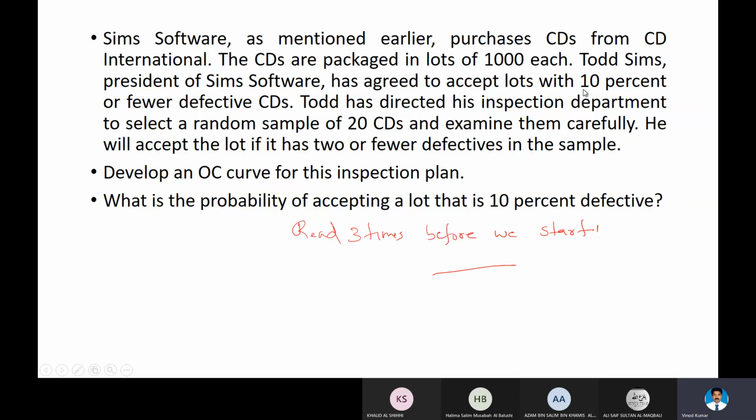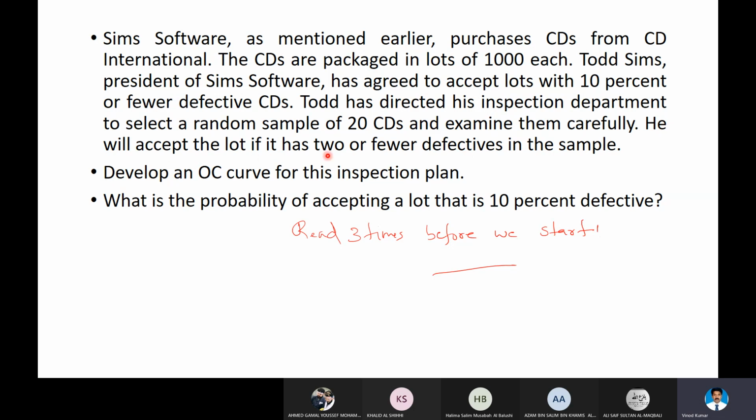So in order to do that, they have selected a sample. What is the size of the sample? Out of these 1000, they have randomly selected 20 CDs each and examine them carefully.